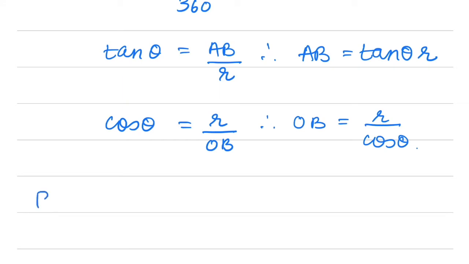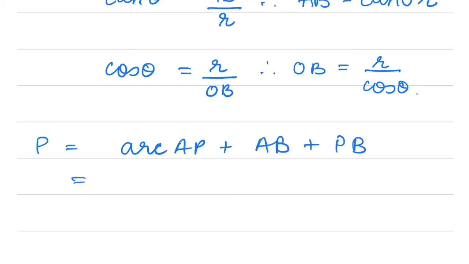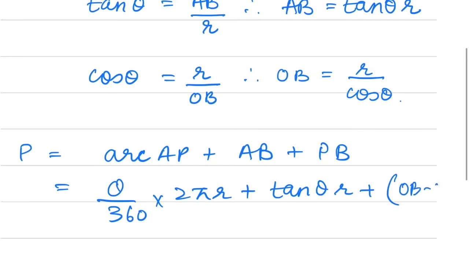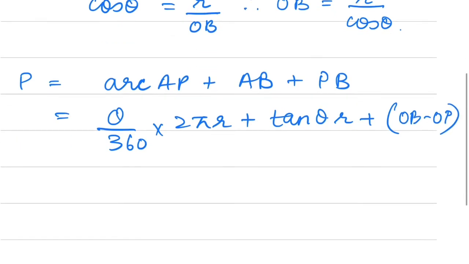Now let's substitute in first. So we have again perimeter, I'll write down arc AP plus AB plus PB. Arc AP we have already found out, theta by 360 into 2 pi r, plus AB is tan theta r, PB is OB minus OP. So 2 gets cancelled with this 180.